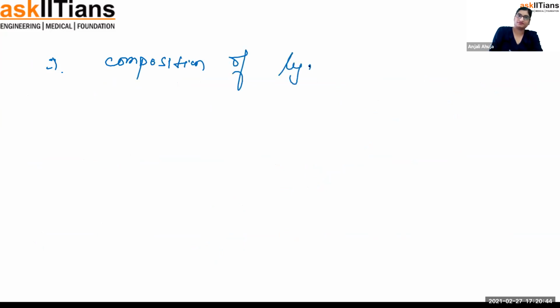Okay, let me think about more questions. Write the composition of the lymph. This is WBC plus plasma.